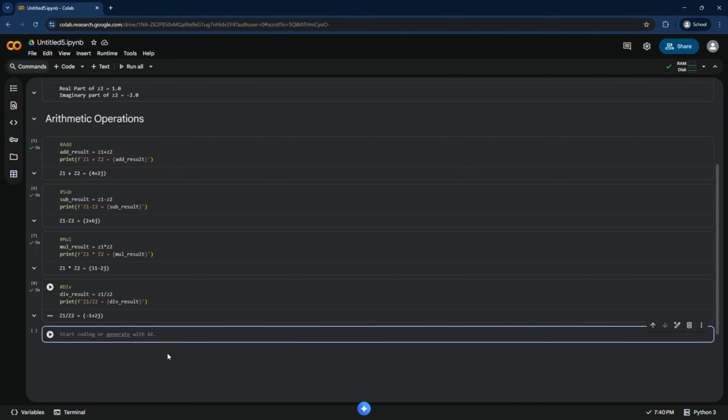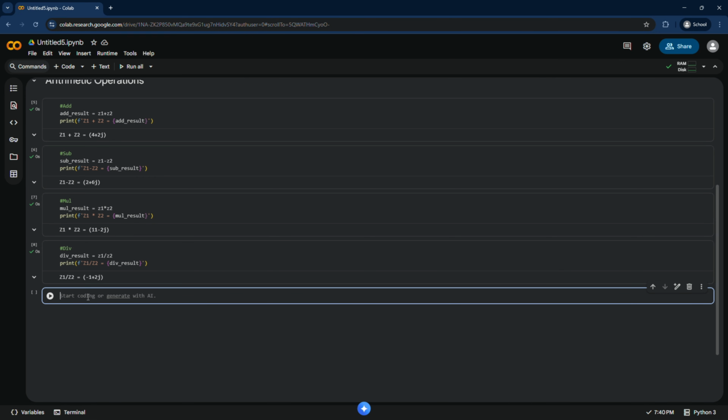Okay, now we have completed all the basic operations, and remember one thing, Python handles all the real or imaginary separations and uses i square equals -1 behind the scene.